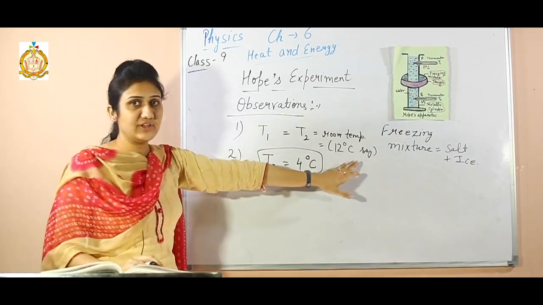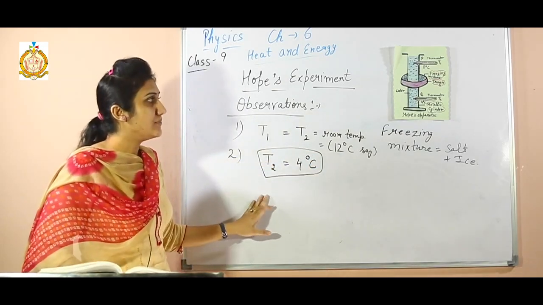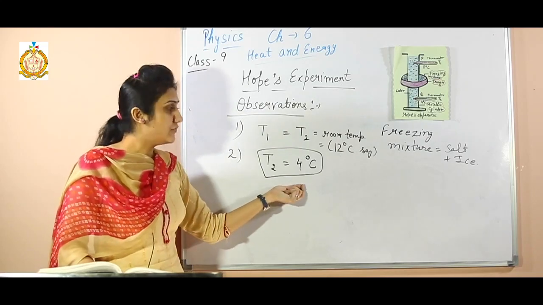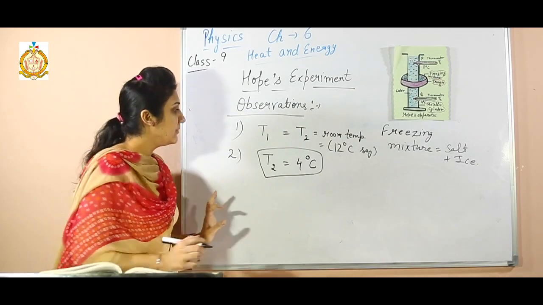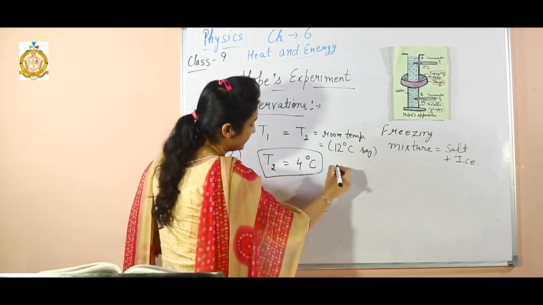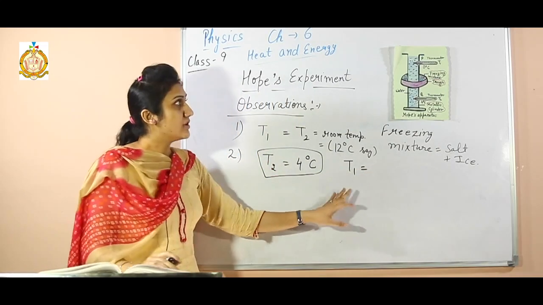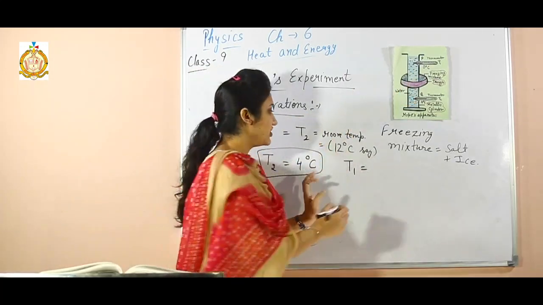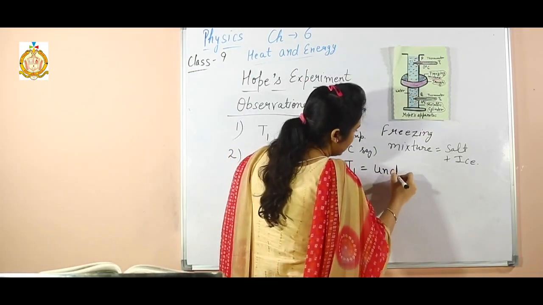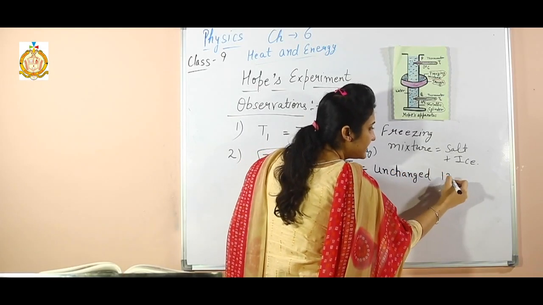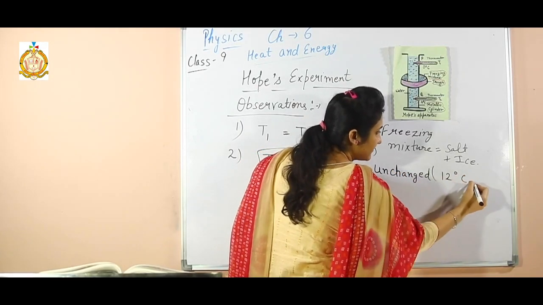First, it was 12 degrees Celsius, then its temperature decreases and it reaches 4 degrees Celsius and then remains unchanged. And the temperature of thermometer T1 remains unchanged. You can say that is 12 degrees Celsius.